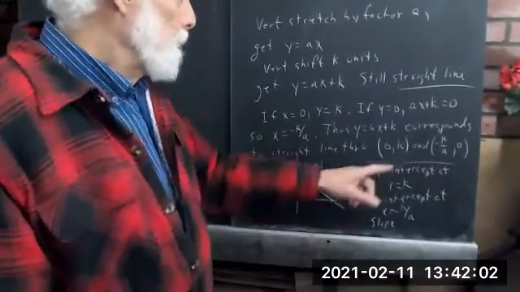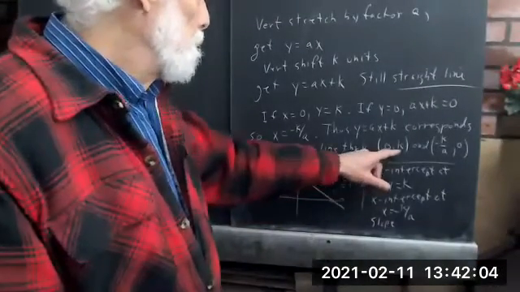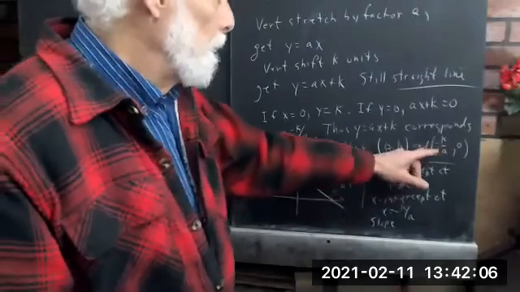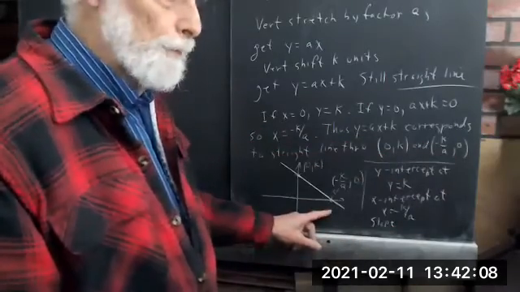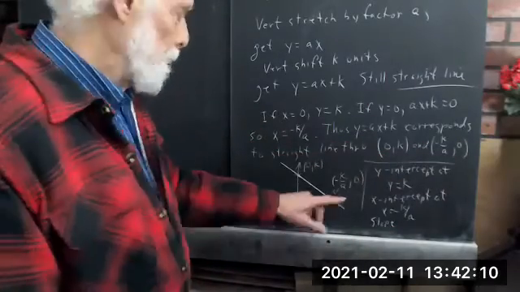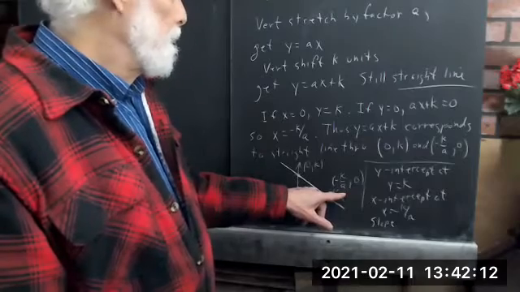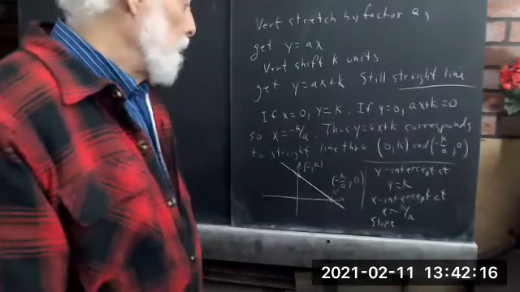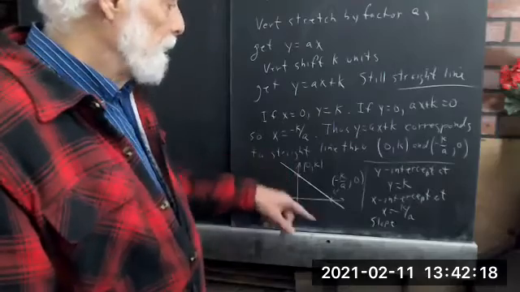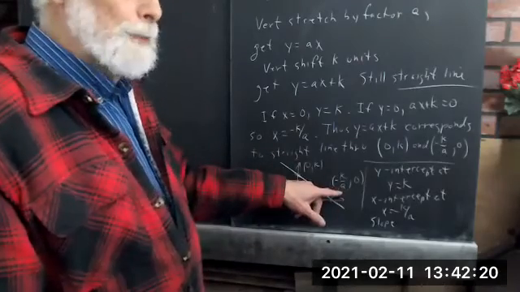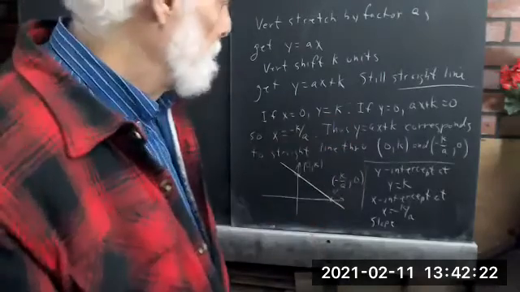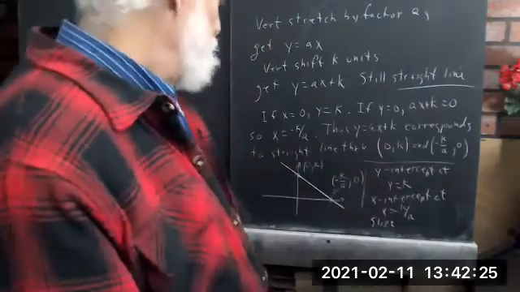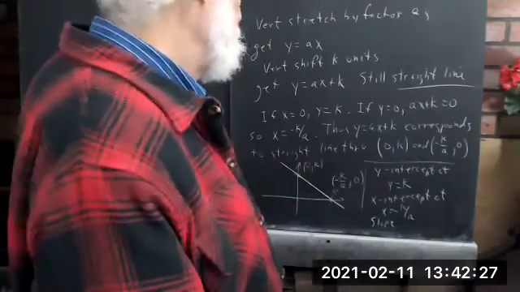Okay, again, here's the graph. Go through the point 0, k, that's here. You go through the point negative k over a, 0, that'll be here. And maybe it's over here, it depends whether a is positive or negative. Also depends whether k is positive or negative. In this case, k is positive, which tells you that a has to be negative. You might think about that. Okay, the y-intercept occurs for y equals k.